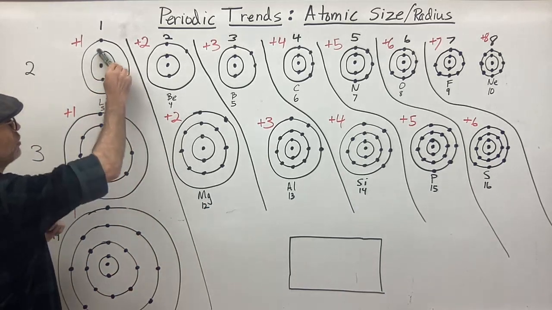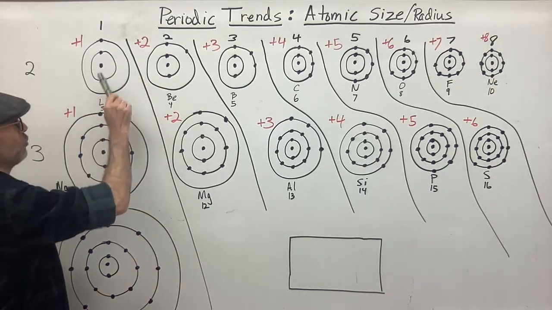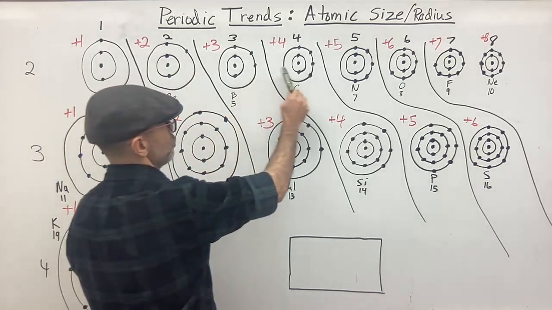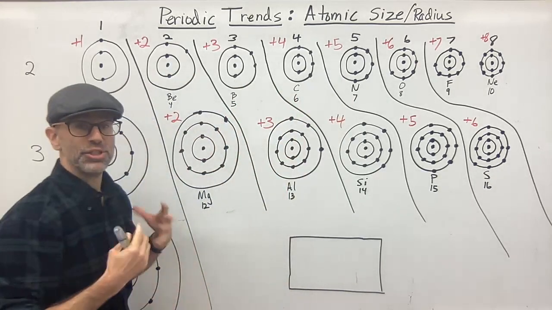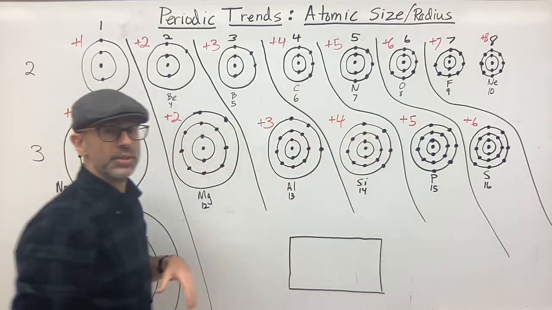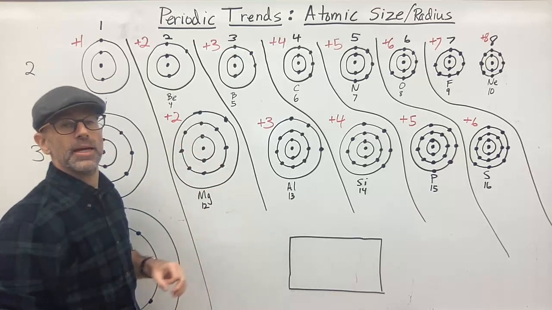The shielding electrons here are always 2. So we have 2 shielding electrons here, 2 shielding electrons here, 2, 2, 2. The amount of shielding doesn't really change as you go across, but the number of protons is changing.